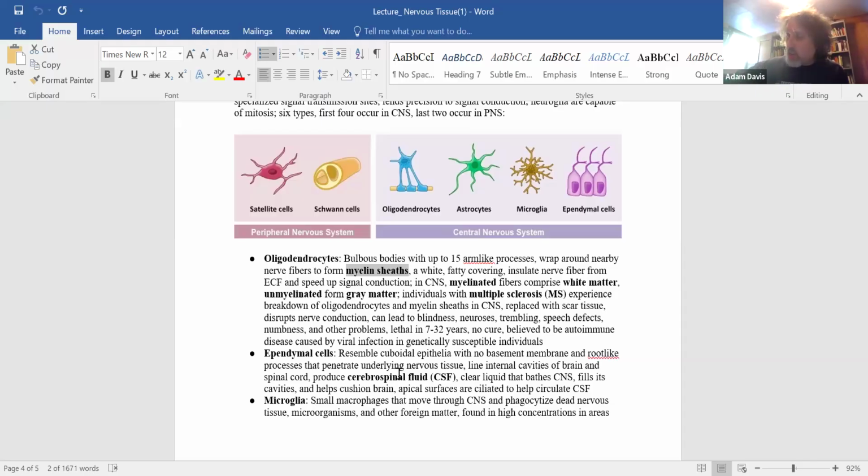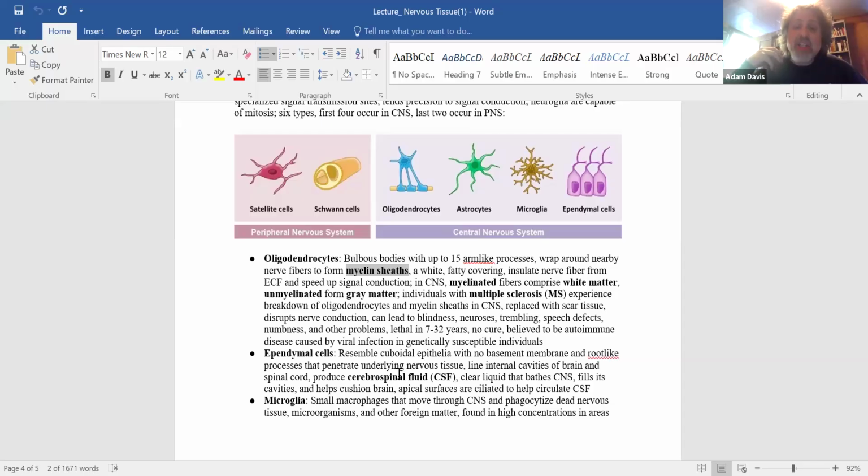Now, in the central nervous system, you will find some parts of the neurons are covered by oligodendrocytes and will have this kind of white fatty covering over them. They're myelinated. We say that's the white matter of the brain and the spinal cord. Other parts of the central nervous system are not myelinated.